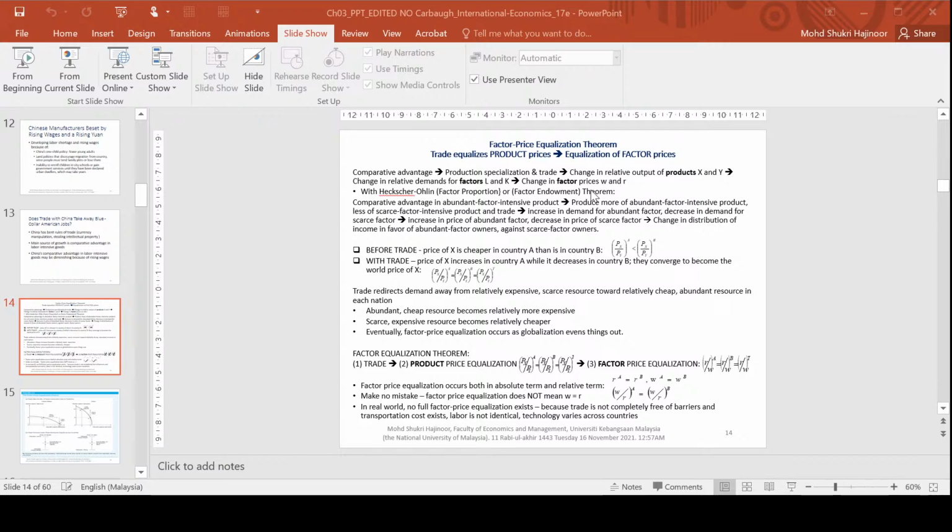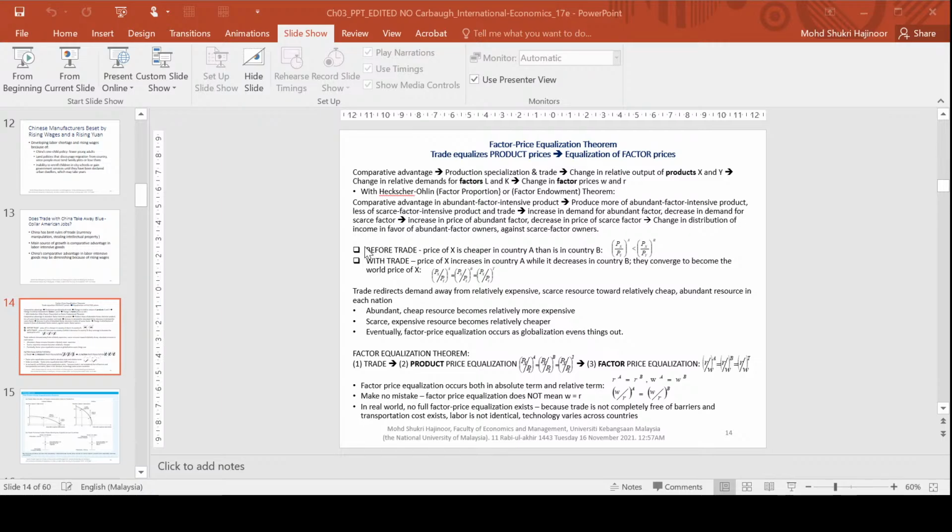So specialize in X. With specialization and trade, the price of X relative to the price of Y in country B will equalize, will become equalized as the world price of X relative to the price of Y. This is the world price. Equalize. That's what I was saying.